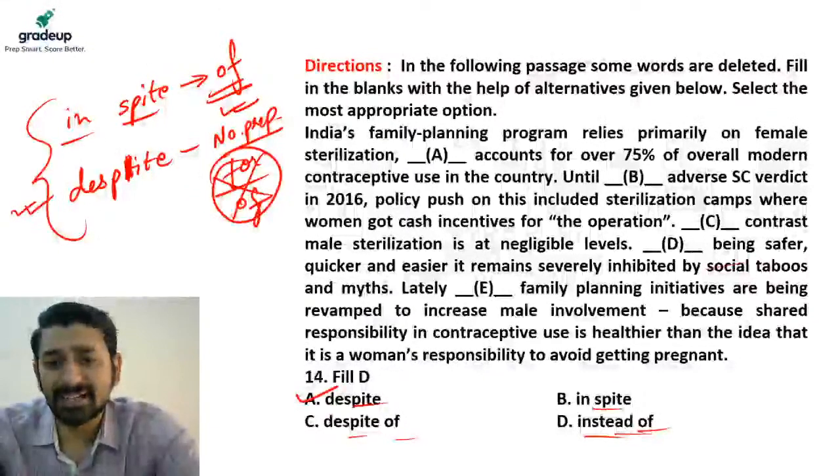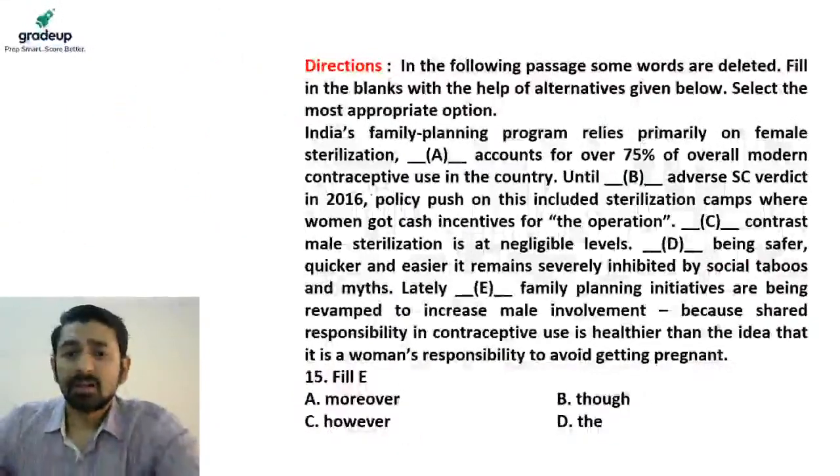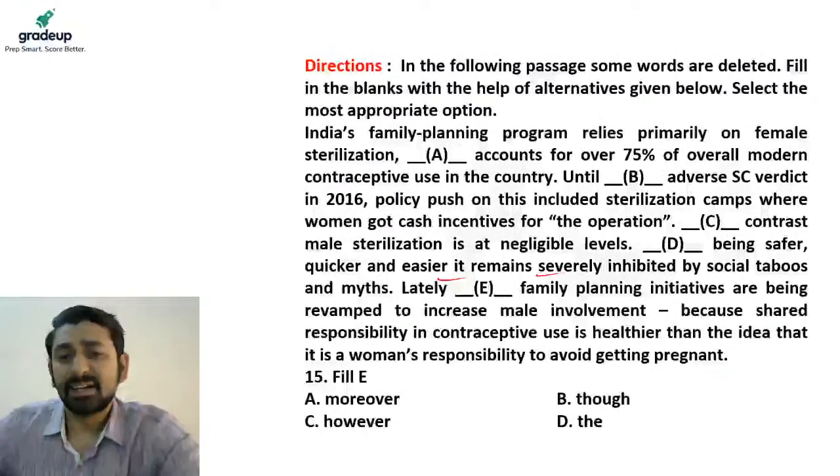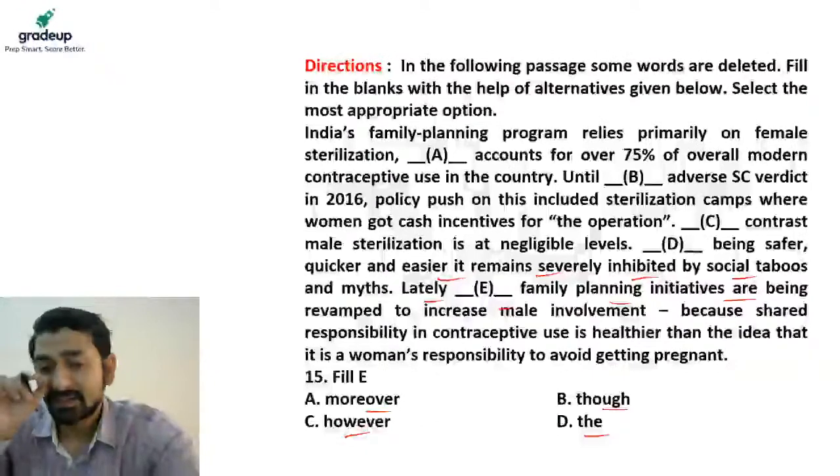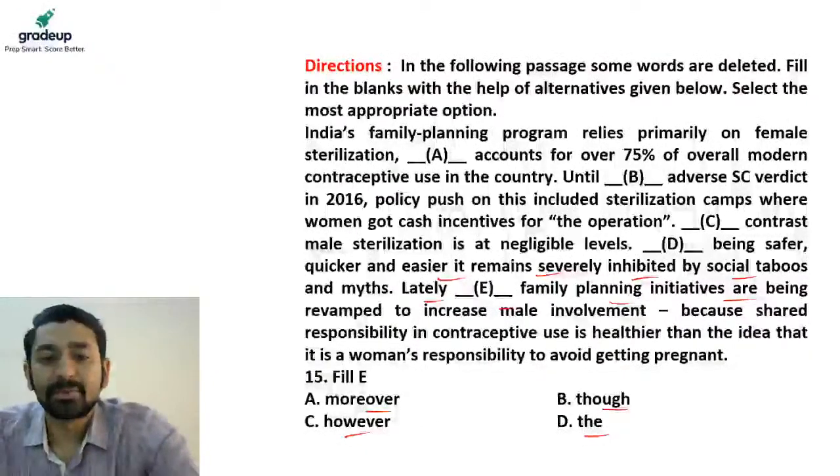Let's move on to the next blank. Okay, despite being safer, quicker and easier, it remains severely inhibited by social taboos and myths. Lately, dash family planning initiatives are being revamped. Options: lately, moreover; lately, though; lately, however; lately, the. Which do you think you should put here?